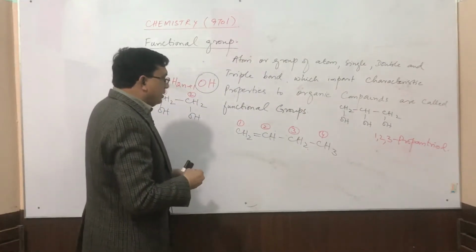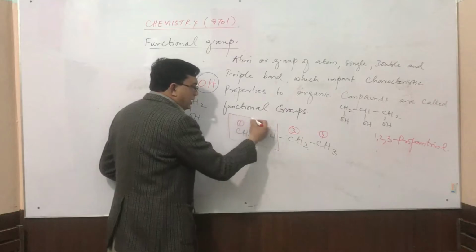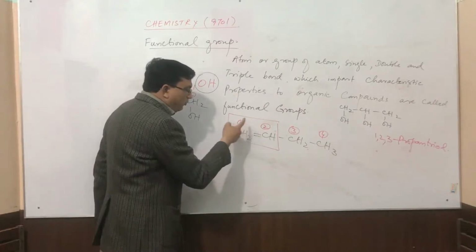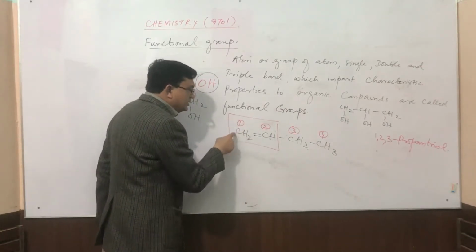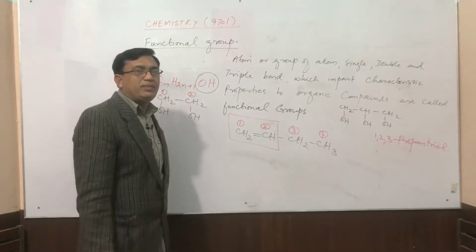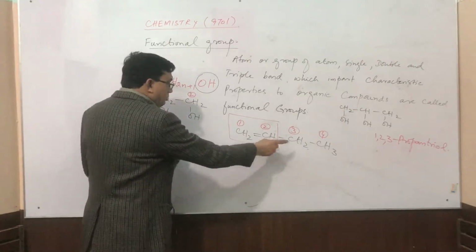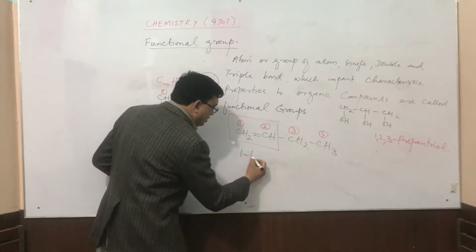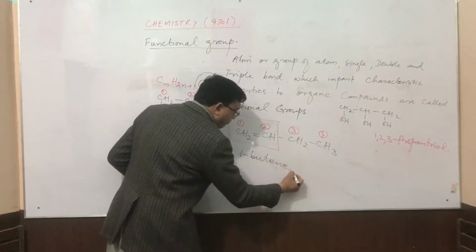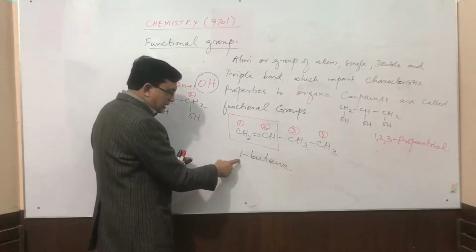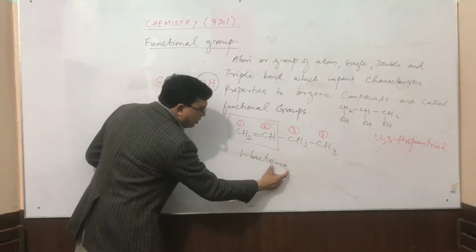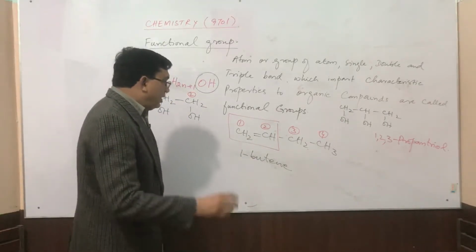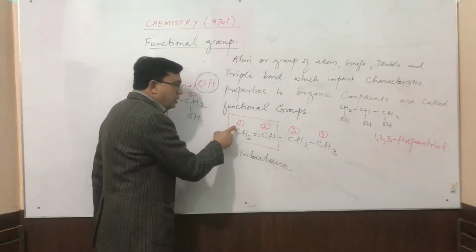Now what will be the name? The double bond is present between these two carbon atoms. But remember, the double bond will be considered of the carbon which has the lesser, smaller number. So the name of this compound will become 1-butene. This 1 indicates that the double bond is present between the first and second carbon atoms, and the double bond is considered of carbon number 1.